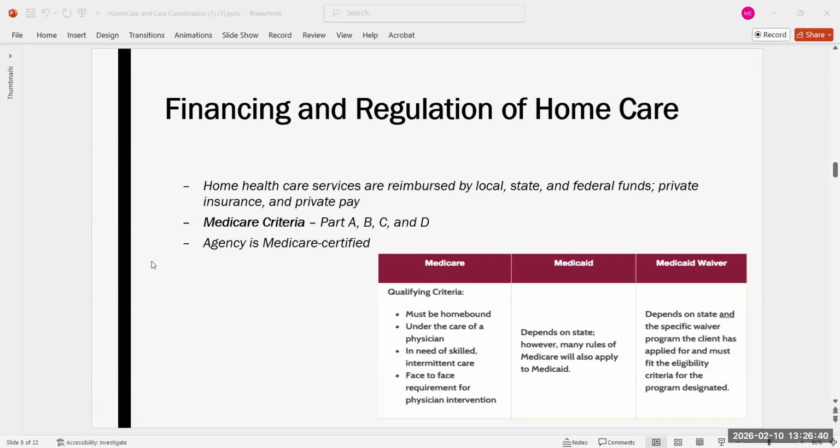Medicaid, the requirements could depend on state, and they could also help them sign up for like a Medicaid waiver, but there are specific eligibility criteria. But home health services can be reimbursed by local, state, and federal funds.